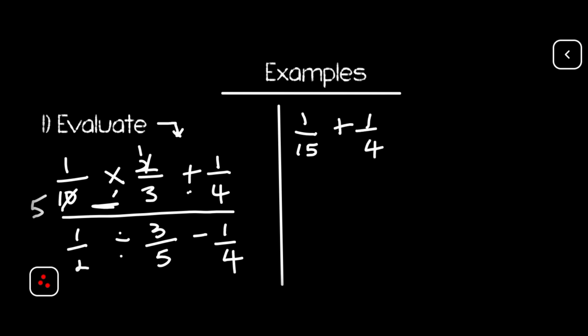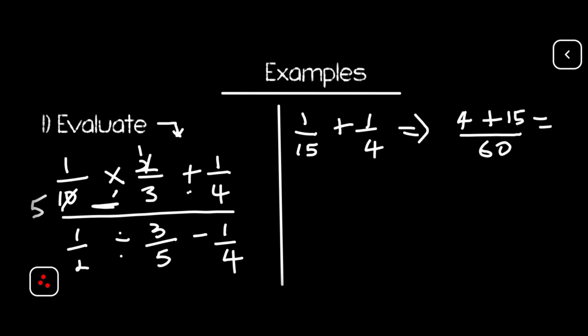The next step is for us to find the LCM of 15 and 4, which obviously is 60. You know how to find LCM, so we're not going to do that. Now 60 into 15 is 4, and 4 times 1 is 4, plus 60 into 4 is 15, 15 times 1 is 15.